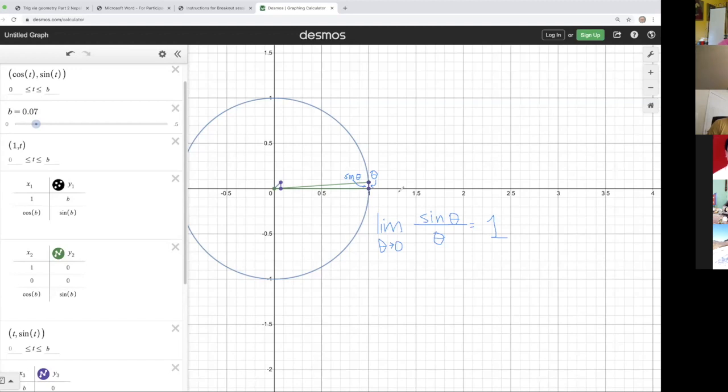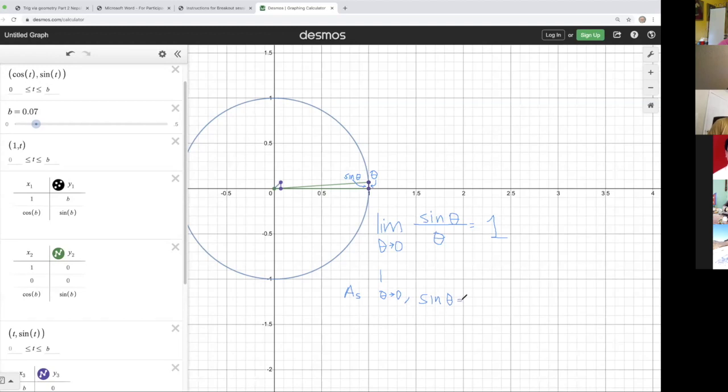They're virtually equal. So what we're really saying here is as theta goes to 0, the sine of theta, its value approaches theta itself.